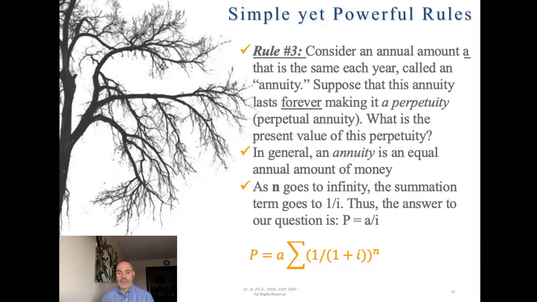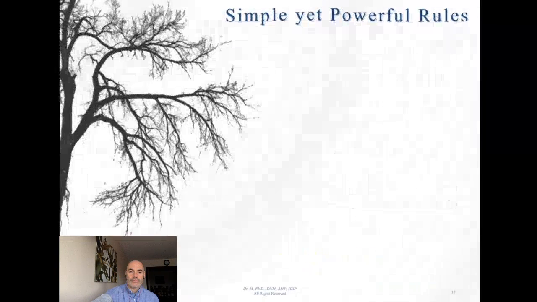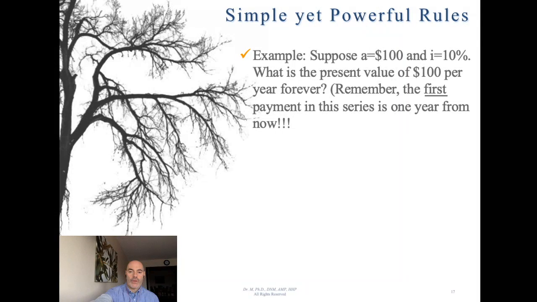Now, as n becomes a huge number, as n approaches infinity, the summation term goes to 1 divided by the interest rate.